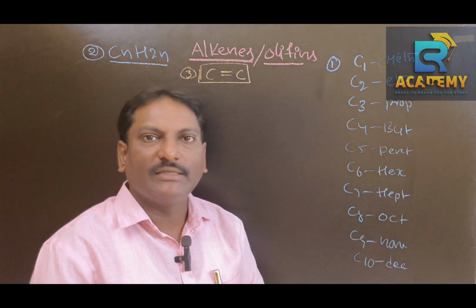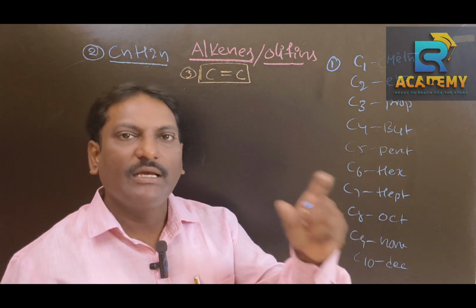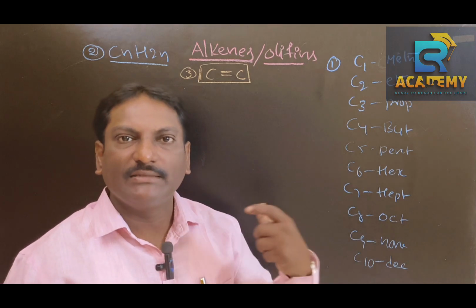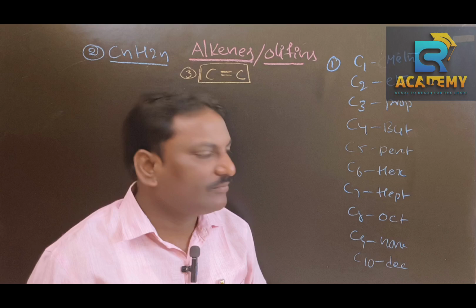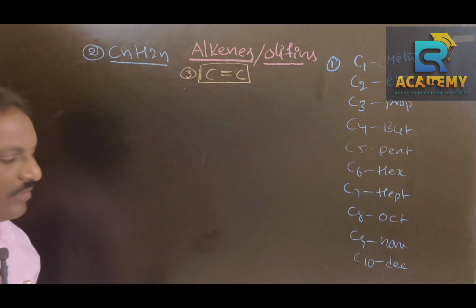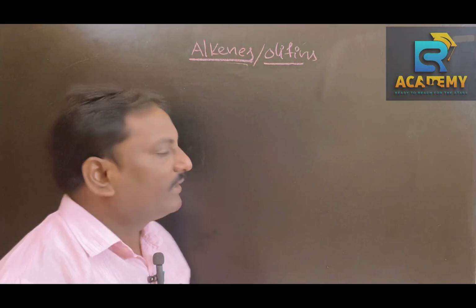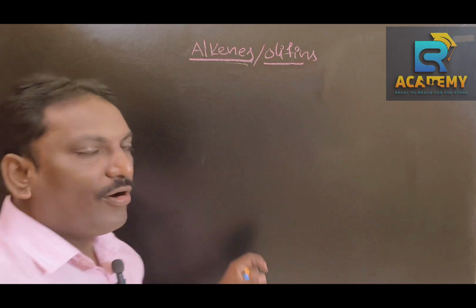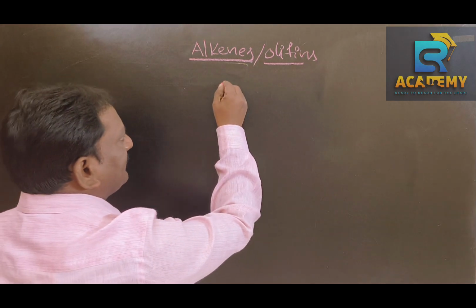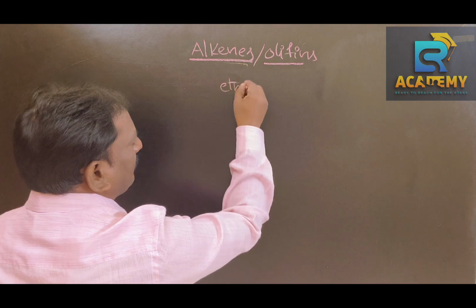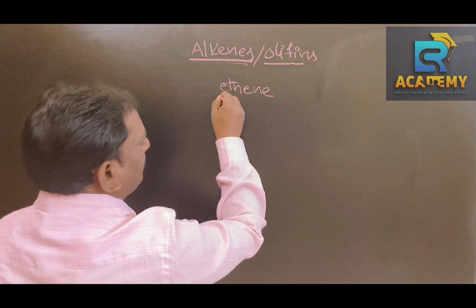Now let us discuss one by one how to draw the structure of the first member of alkenes, the second member, followed by the third and the fourth. Let us start with the first member of alkenes, that is ethene.